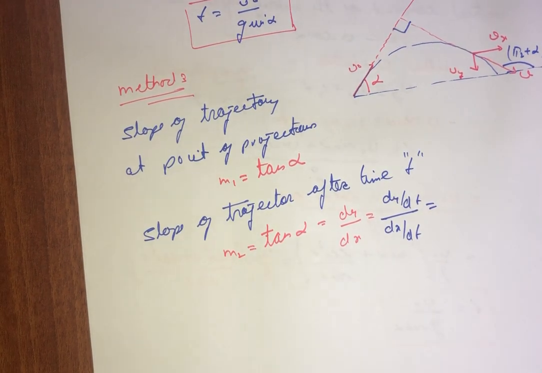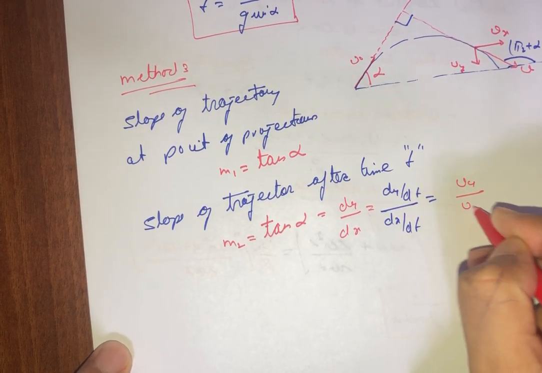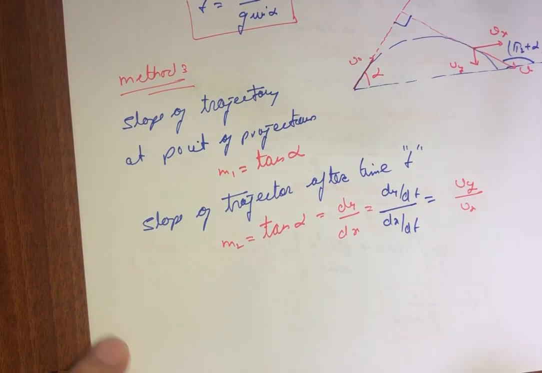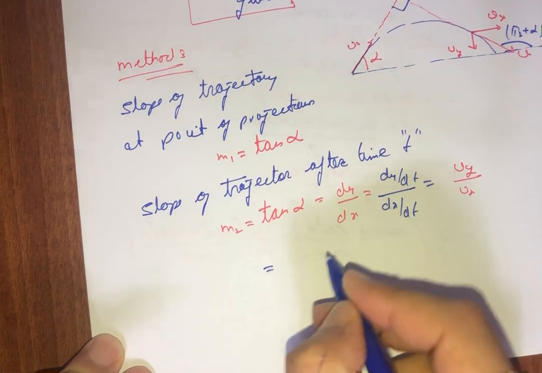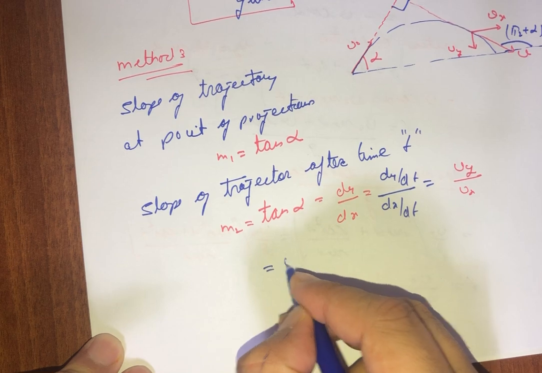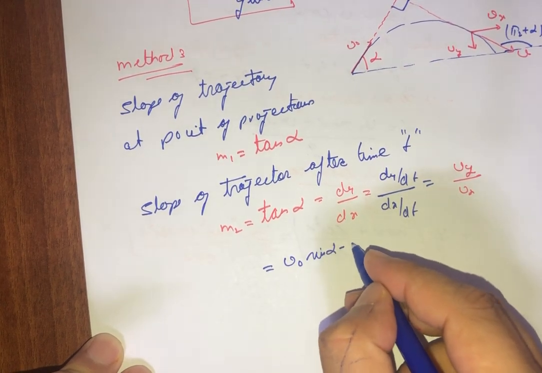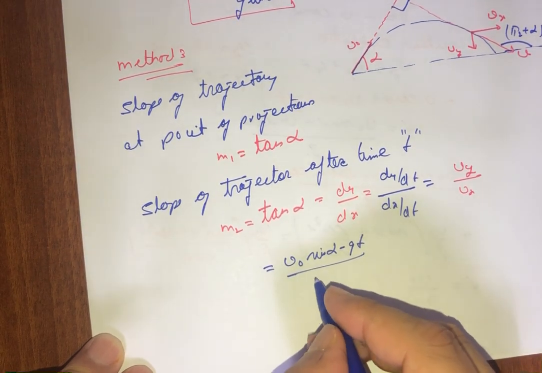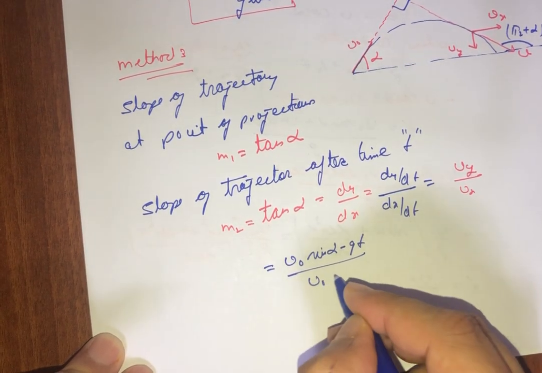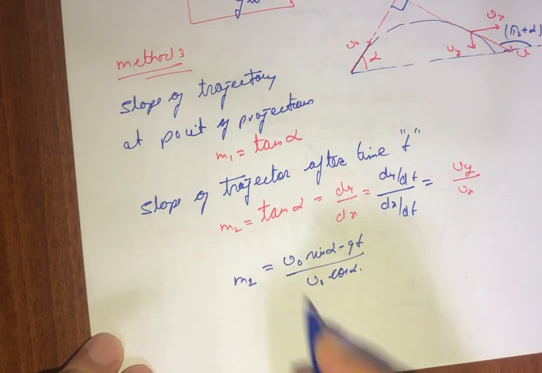The rate of change in y direction and rate of change in x direction. This will be v of y upon v of x. Now using the kinematics equation, v of y will be nothing but v naught sine alpha minus gt divided by vx, which is v naught cos of alpha. This is our m2.